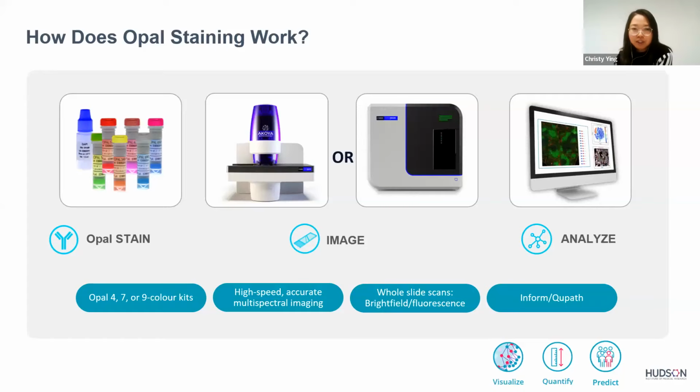With the help of multiplex immunohistochemistry staining, we were able to visualize the tumor microenvironment in the cancer, quantify the expression of different biomarkers, identify different cell populations, and do more cancer patient stratification and predict prognosis.